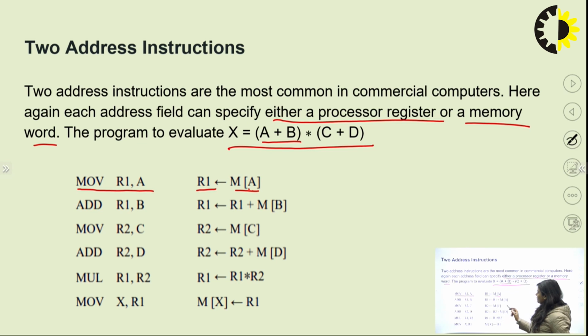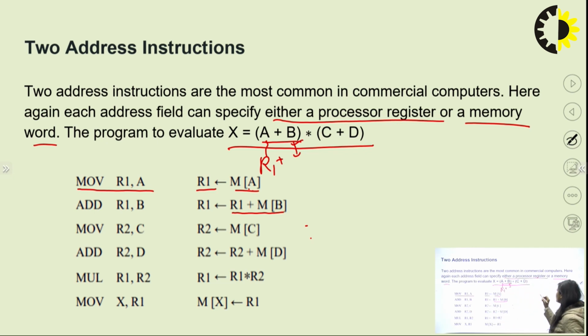And again we have ADD R1, M of B. M of B is nothing but the memory location of B. We are going to merge the content of A, which is in R1, with the data at memory location B, and put the result into R1.